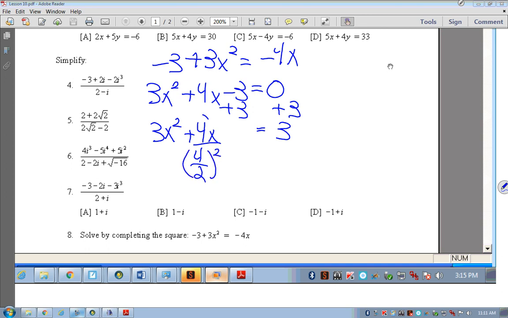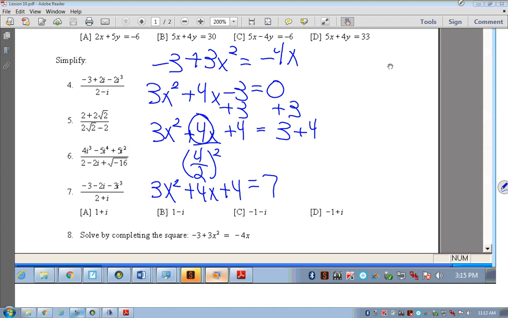So I'm always going to take whatever this number is, divide it by 2, and square it. And I'll always come up with a positive number. So 4 divided by 2 is 2. 2 squared is 4. So I'm going to take that number, add it here, and add it here. So what I wind up with is 3x squared plus 4x plus 4 equals 7.